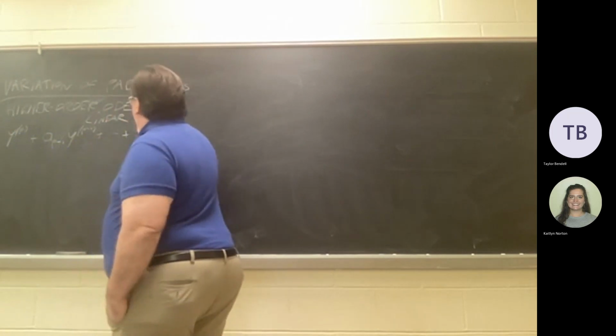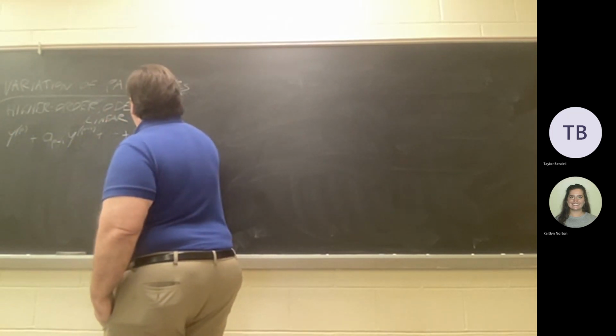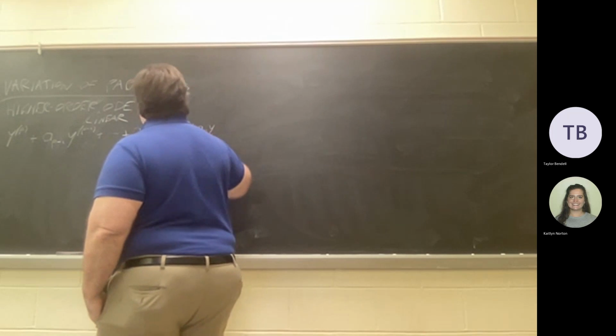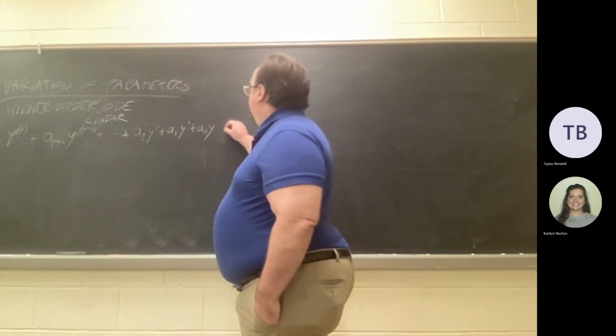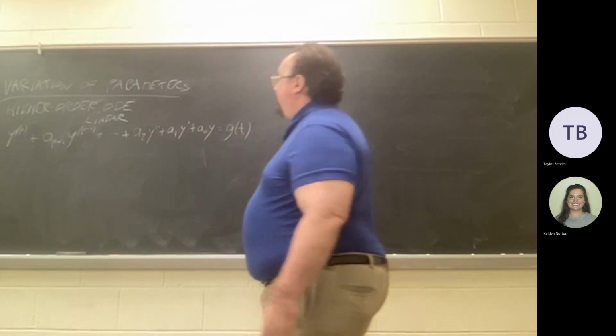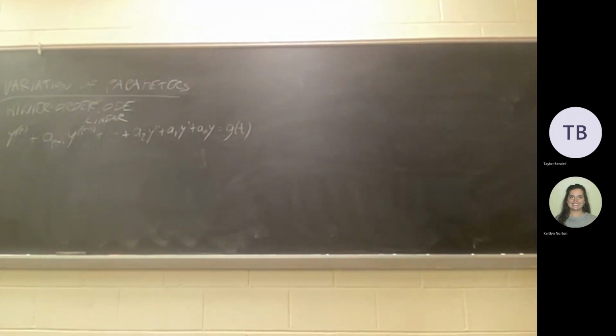Plus a2 y double prime plus a1 y prime plus a0 y is equal to g of t.